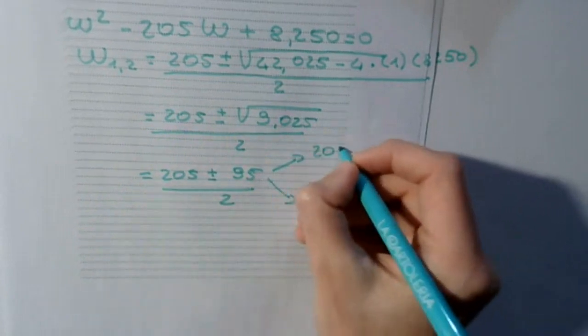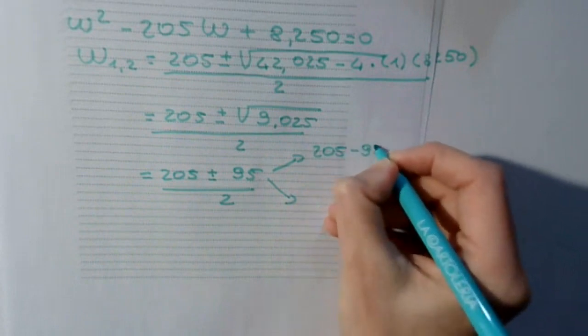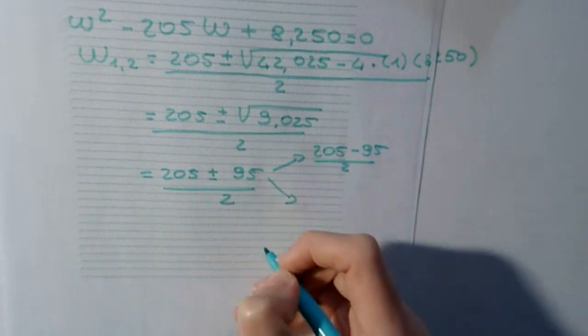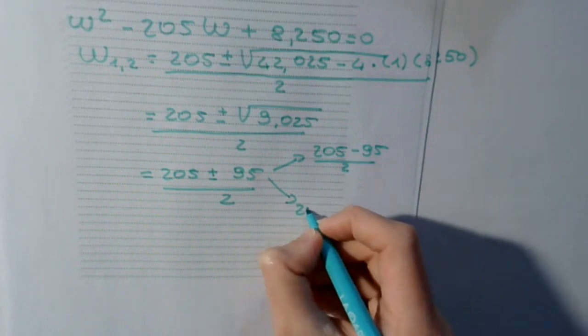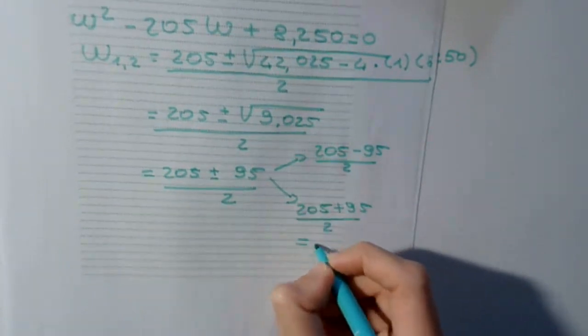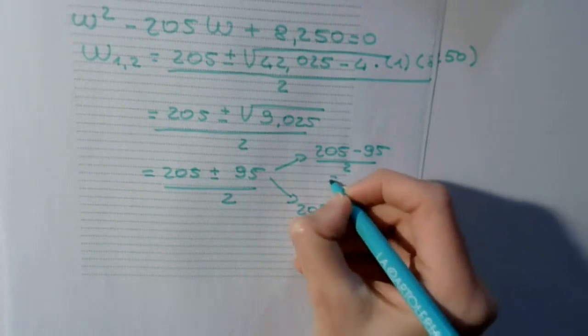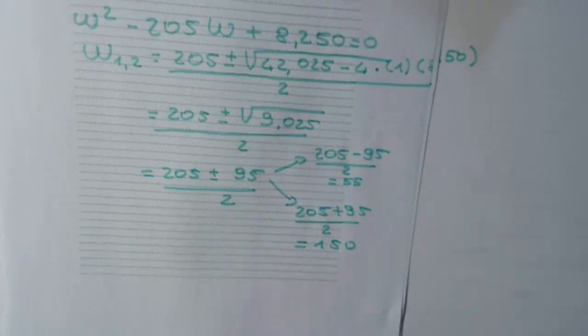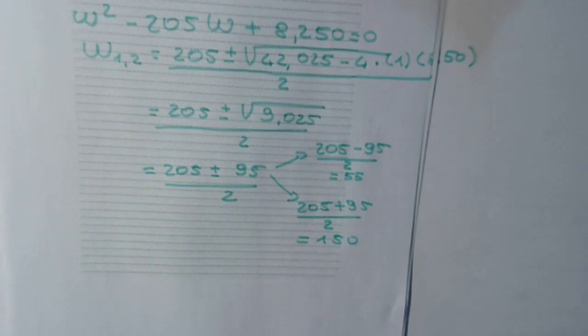The first one is this one with the minus, and then the other one with the plus, the sum. So this gives 150 and this gives 55. Okay. Now, before going on, we have to check whether both solutions are fine.